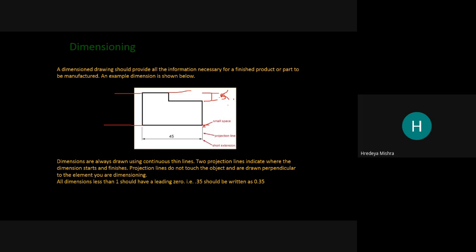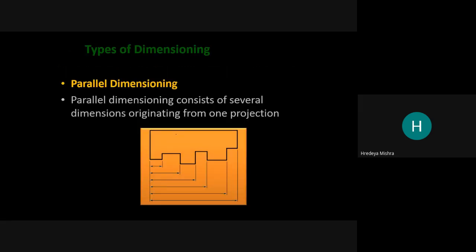We have to write 0.9 like this. And 0.35 should be written as 0.35. Okay, so next thing is there.